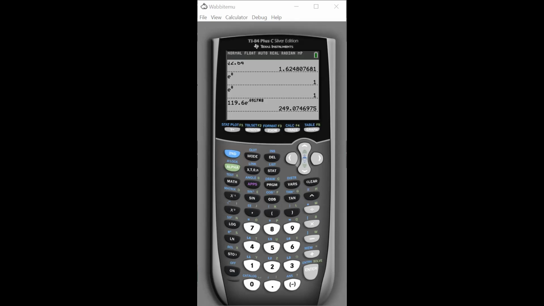A is your total amount that you get. P is your initial amount that you put into the bank. R is going to be the rate in decimals. And T is just time in years.